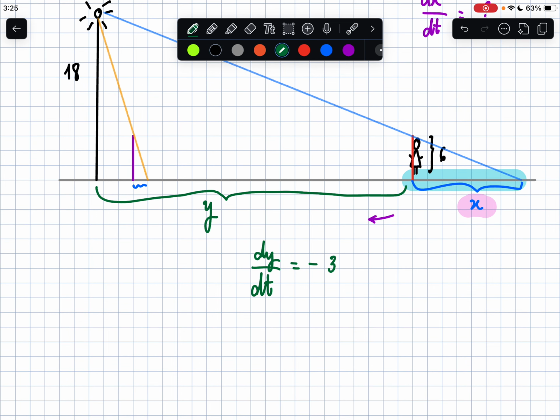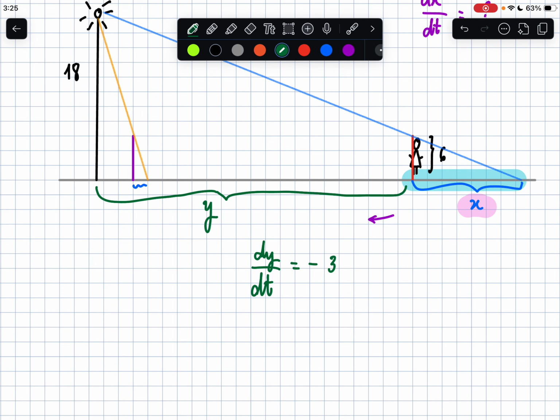So we know that x, the length of this yellow right triangle, divided by the length of the bigger one, which is x plus y, must be equal to this length over this length, 6 over 18. We got the relation, which is 1 over 3.